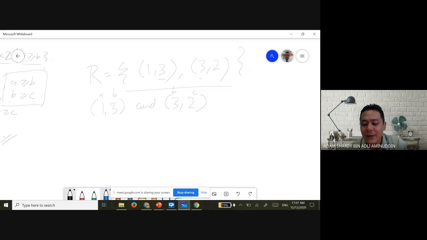It is transitive if AC ada. Tetapi 1-2 tak ada kat dalam R ini. Tak ada. Yang ni you kena check because you exist B, the same B, but unfortunately AC does not exist in here. Therefore, R is not transitive.